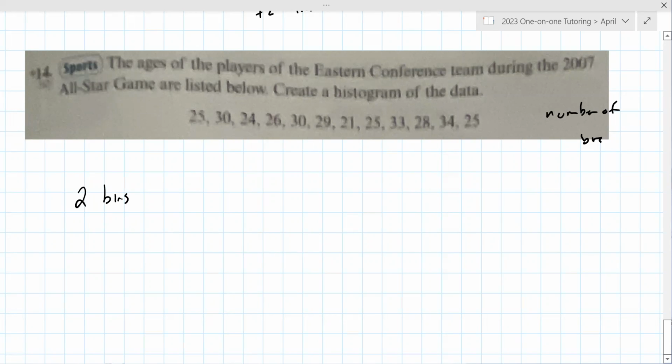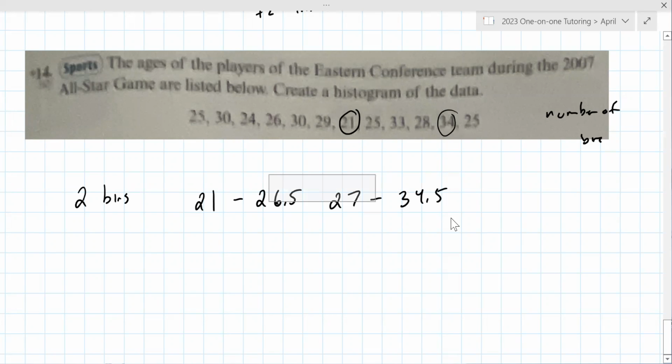So the min here is what, 21, and the max here is 34. Does that look right to you? Yeah, the min looks like 21, the max is 34. Okay, so let's say we did a bin from 21 to 26.5, and then a bin from 27 to 34.5.